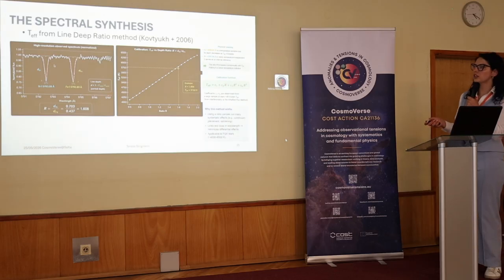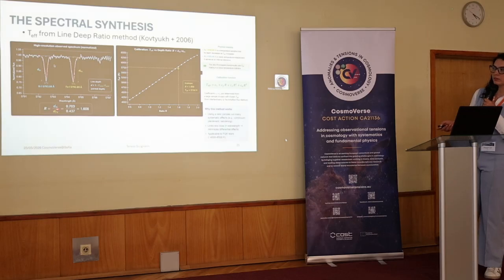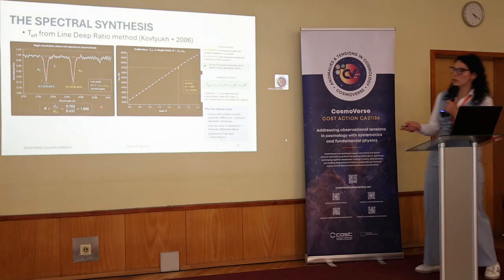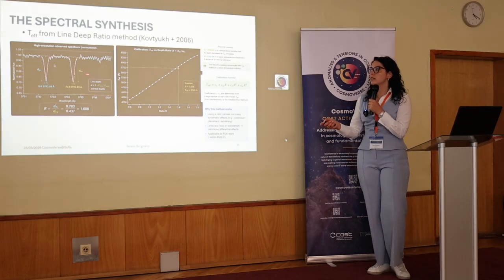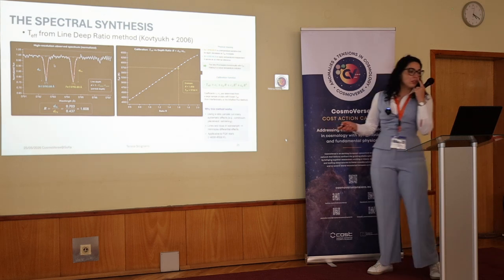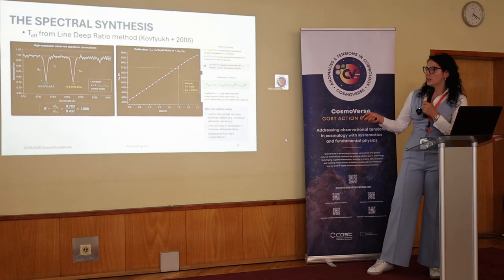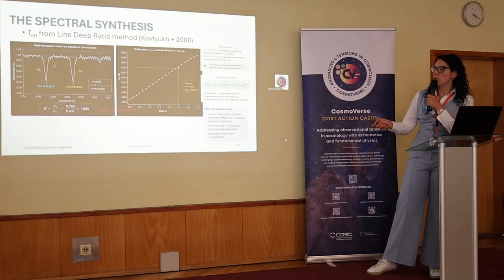The ratio is given by this formula, where D is the line depth of one line, and these are the line depths of the two different lines, and R is the ratio. So once we know the ratio, we can have an estimate of the effective temperature.